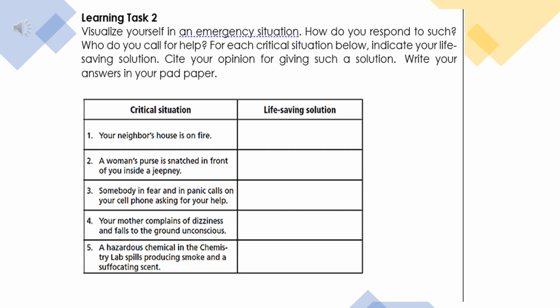So you have to be careful in calling the attention of the victim or of the other passengers in the jeepney, or else if the snatcher has a deadly weapon, then you might be the one to be hurt instead of the victim of the snatching. So again, the life-saving solution would be calling the attention of your fellow passengers, particularly the one being snatched.